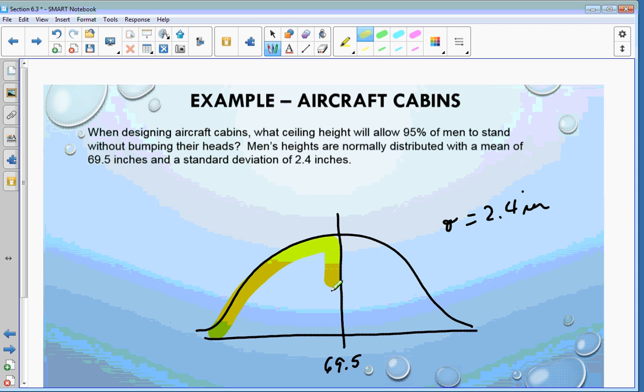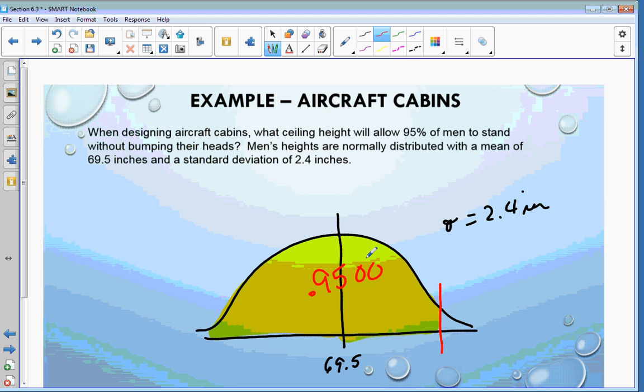Well, this is only 50%, isn't it? Wow. So I need to go all the way over, and leave just one small amount over there that's about 5%, right? Because I want all these men to be able to stand.